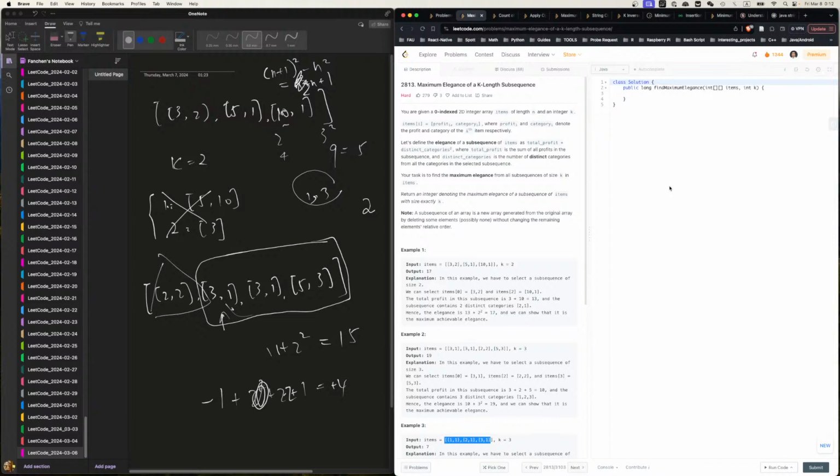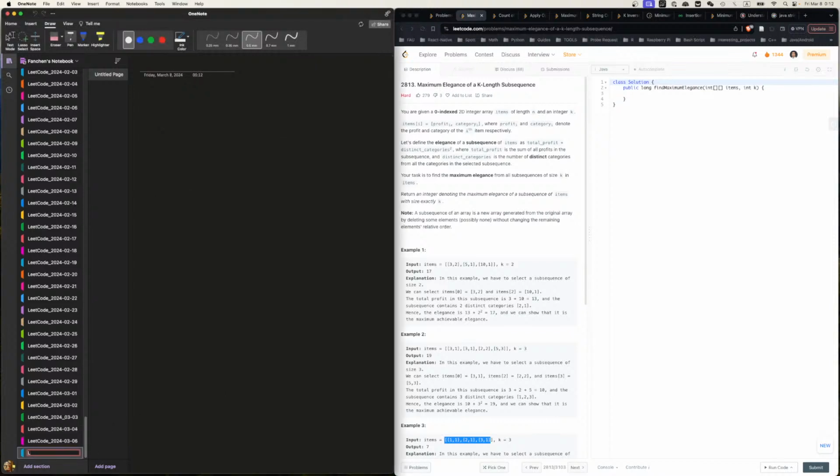All right, let's try this. So we had the idea yesterday of doing this, so let's recap our idea from yesterday. The idea yesterday is we'll sort items based on profit, in ascending order.